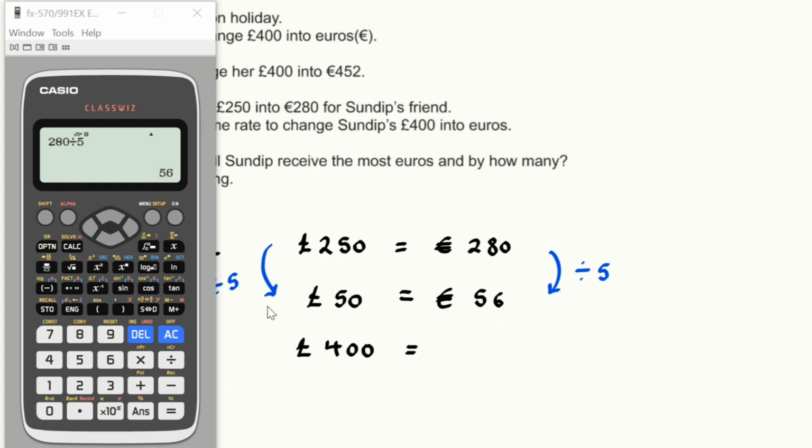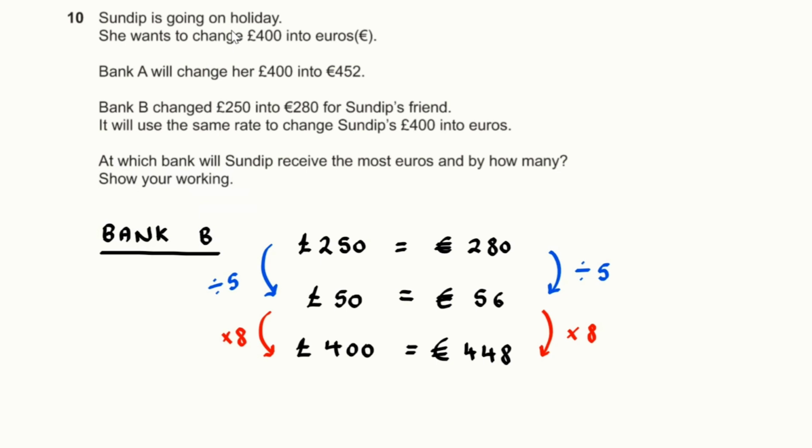And then if I multiply by 8 and times by 8 over here, I get 448. And so therefore, £400 is equivalent to 448 euros with Bank B.